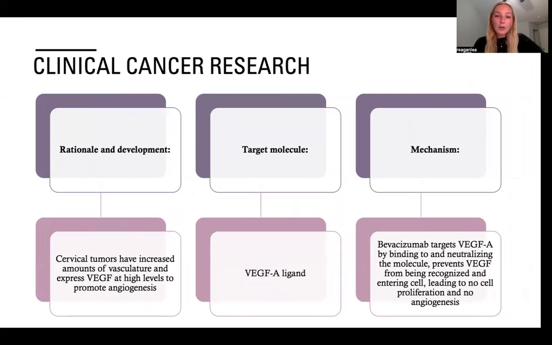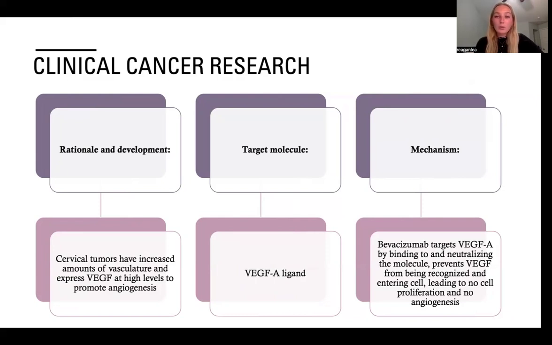So their rationale for developing this drug was pretty much that cervical tumors have increased amounts of vasculature and express VEGF at high levels to promote angiogenesis. And our drug, the bevacizumab, is what targets angiogenesis. It focuses on new, higher levels, and new blood supply. So that's kind of their rationale for developing the drug.